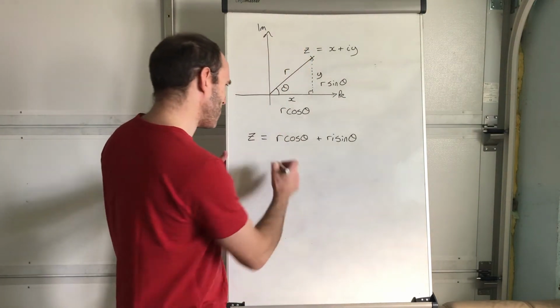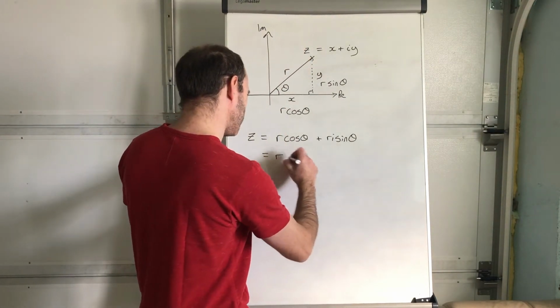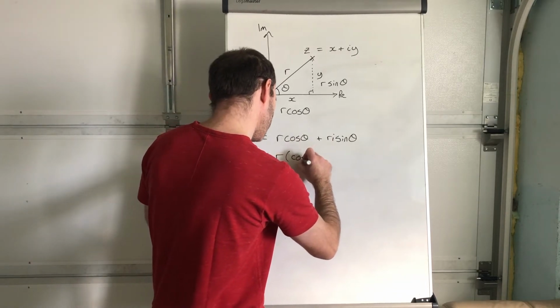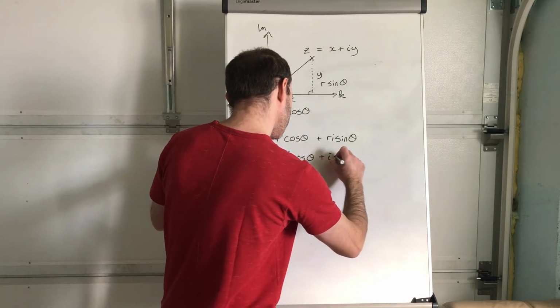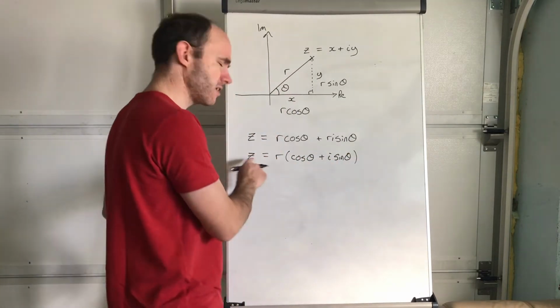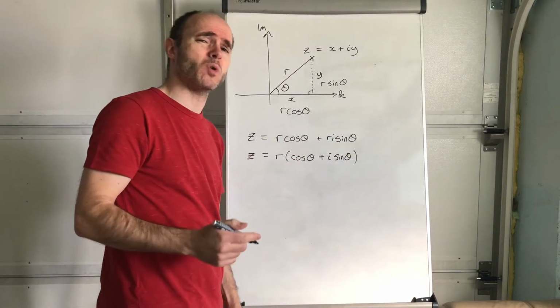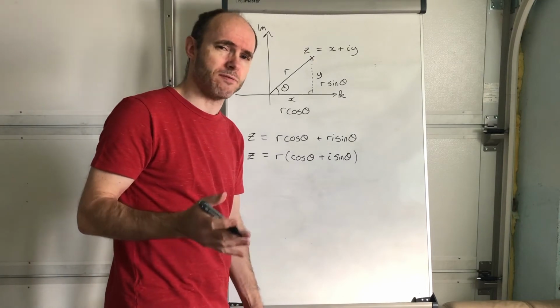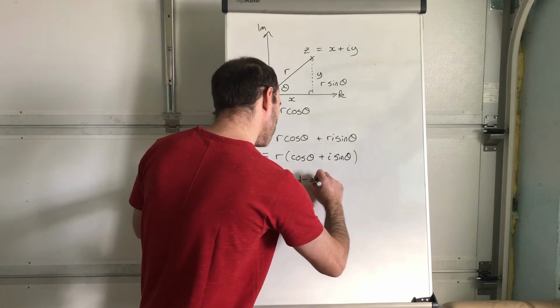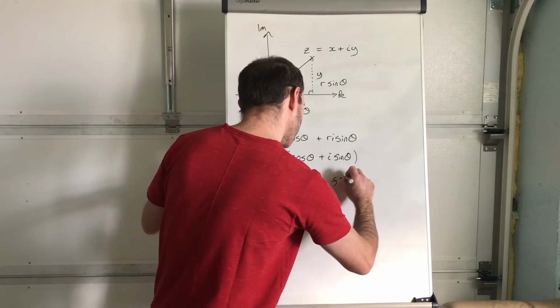But what we're going to do is just factorise with the r, so what is r(cosine theta plus i sine theta). So you should be happy that Z can also be written as this. This is what we call modulus argument form of a complex number.